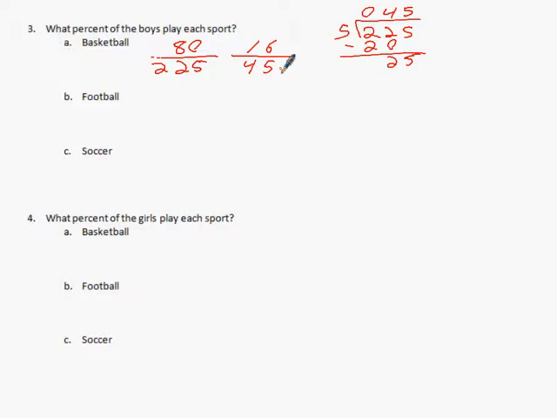Do that division to turn it from a fraction into a decimal into a percent. So 16 divided by 45. It does not go into 1, does not go into 16. It goes into 160. If I count up, we have 90, 135, 180. So it's 1, 2, 3, which is 135.